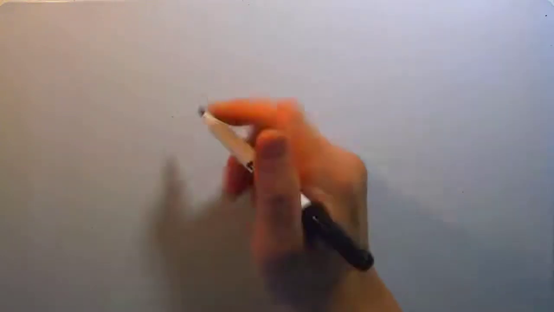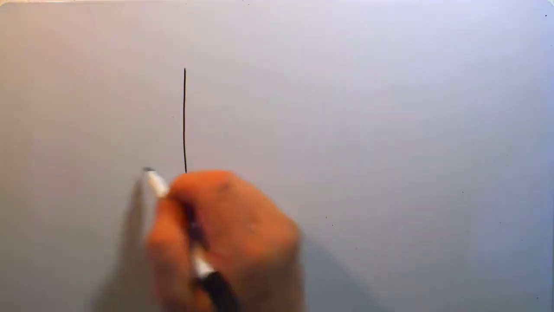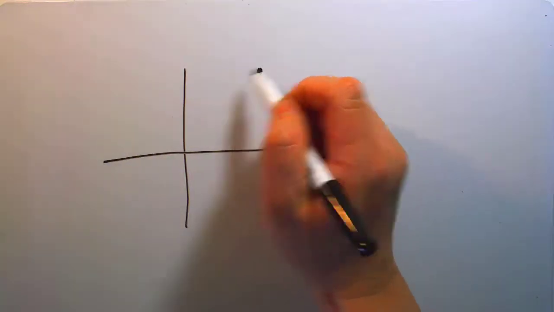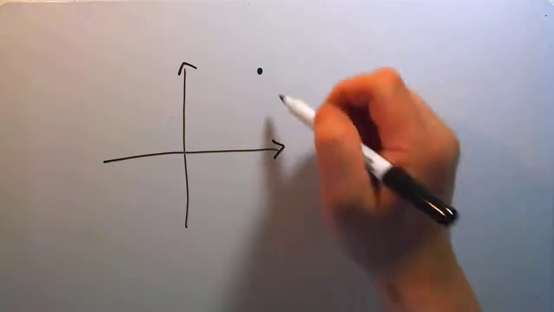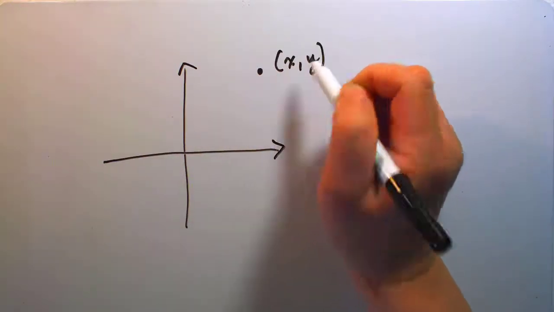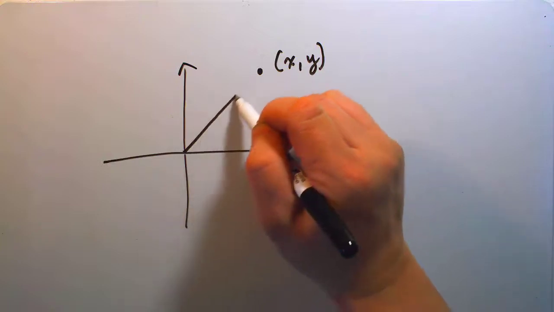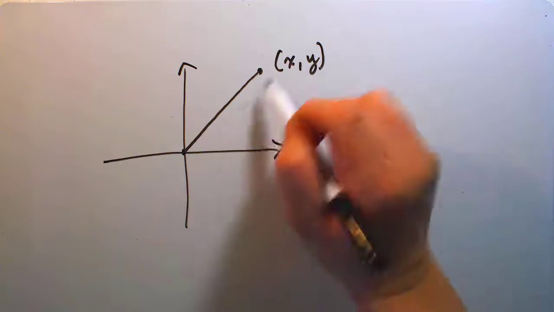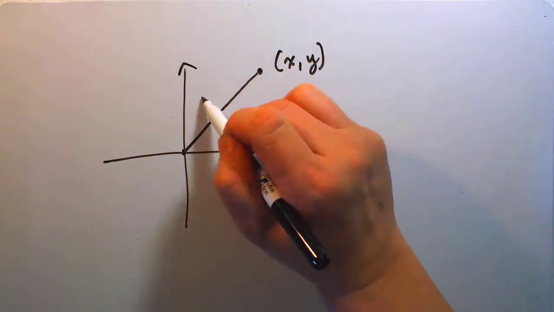If we look over at my working board here, being a radius 12, let's pretend that we're at some point here on the xy coordinate plane. That radius 12 means that if we draw the segment that connects the origin and that point itself, it's going to make a radius 12.